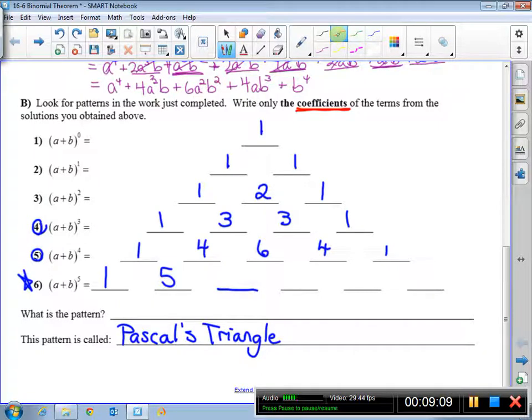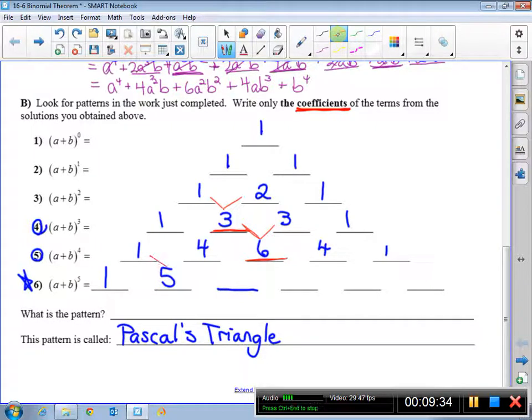So the pattern comes from, I'll tell you the hint, to get any term, for example, to get this 3 here, I only have to look above to the 1 and the 2 and add them together. To get this 6 here, I added the 3 and the 3 above it. So look above and add up the 2 numbers to the left and the right.